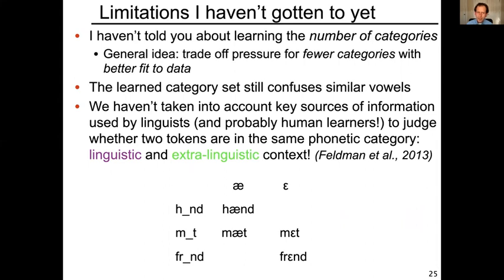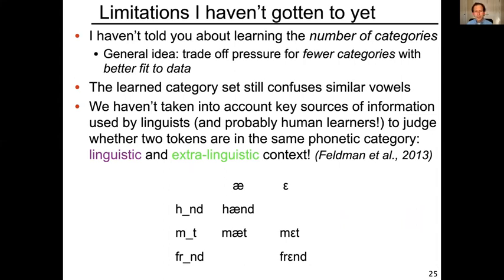You don't want that. You'll trade off a pressure for fewer categories with the pressure that is intrinsic to mixture of Gaussians models or most unsupervised learning problems, which is that if you posit more categories, you can generally fit data better. So you want to posit enough categories to fit your data well, but not so many that you have an implausibly large number of categories. And Bayesian inference gives you a way of naturally and automatically achieving this.